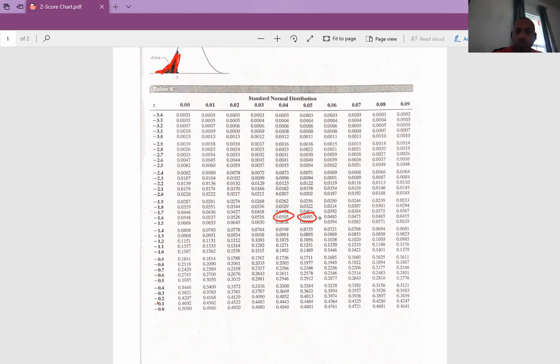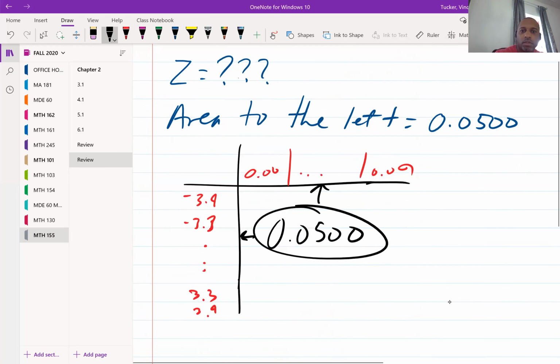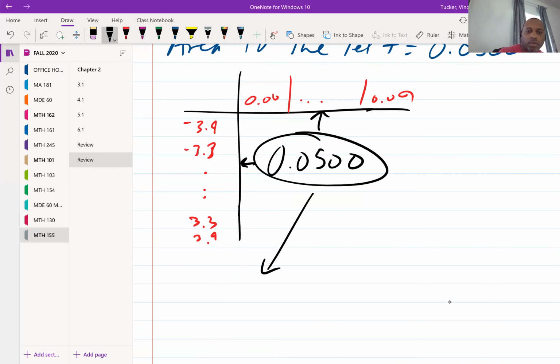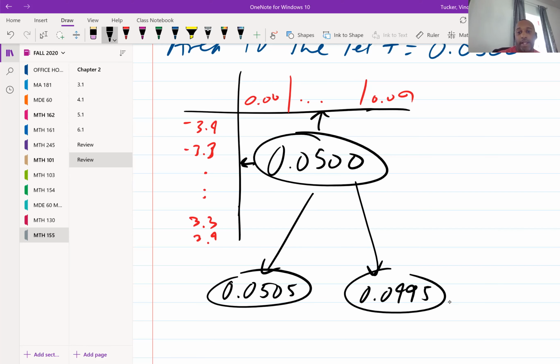Okay. All right, so when we look at these, and they want us to round to 2 decimal places, in actuality, let me go back to the notes. We have 0.0505 and 0.0495.